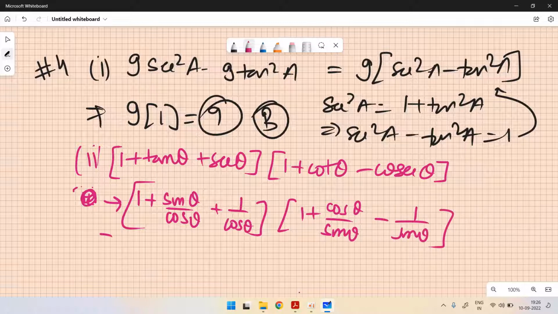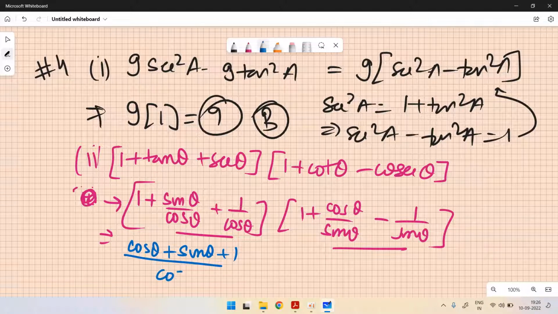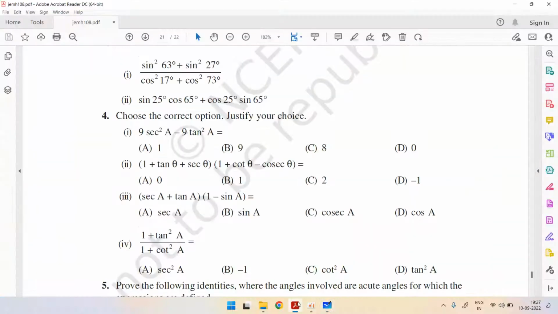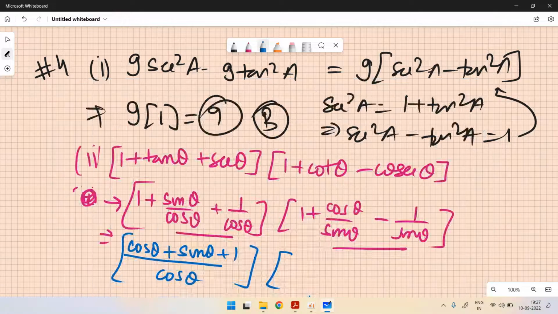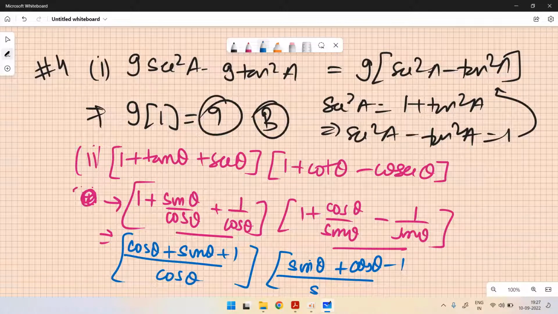So if you take LCM as cos theta here, and as sin theta there, the expression will become cos theta plus sin theta plus 1 by cos theta, and sin theta plus cos theta minus 1 by sin theta.